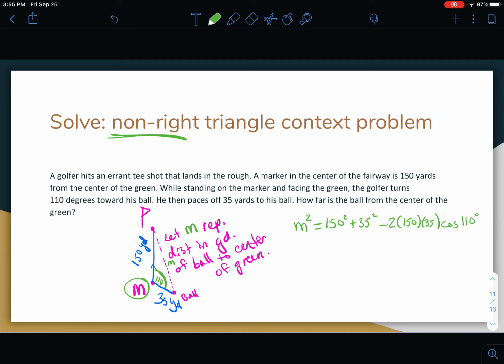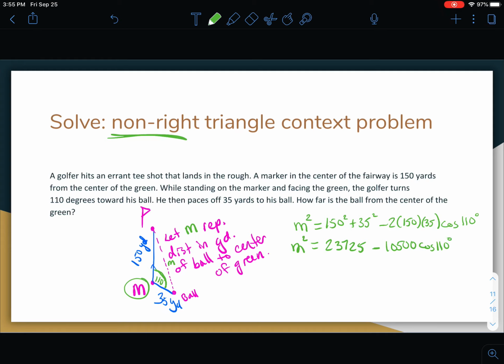Okay, let me go ahead and get some calculating done here. I definitely encourage you to do some of this on your own, and then pause me and check as you go. So I have m squared equals 23,725 minus 10,500 cosine of 110 degrees.